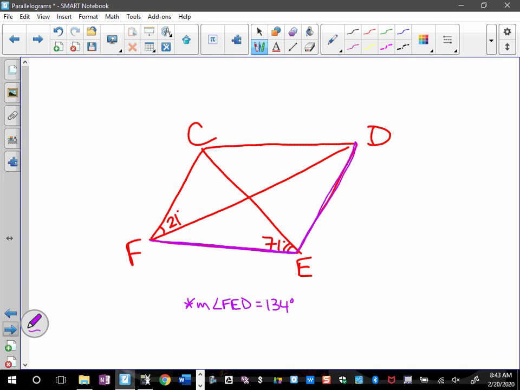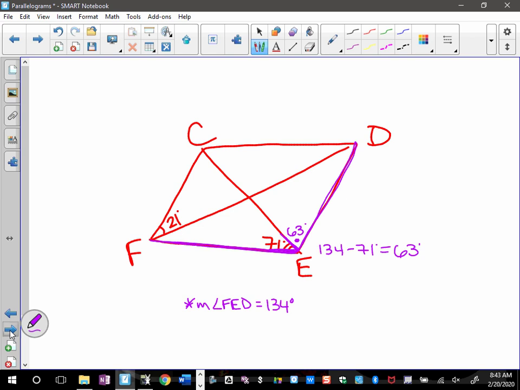That's really hard to actually label in my picture. So I'm going to go ahead and do 134 minus 71, since I already have the 71 portion of the angle. So when I subtract the 71 out, I get 63, meaning the rest of this angle here is 63.